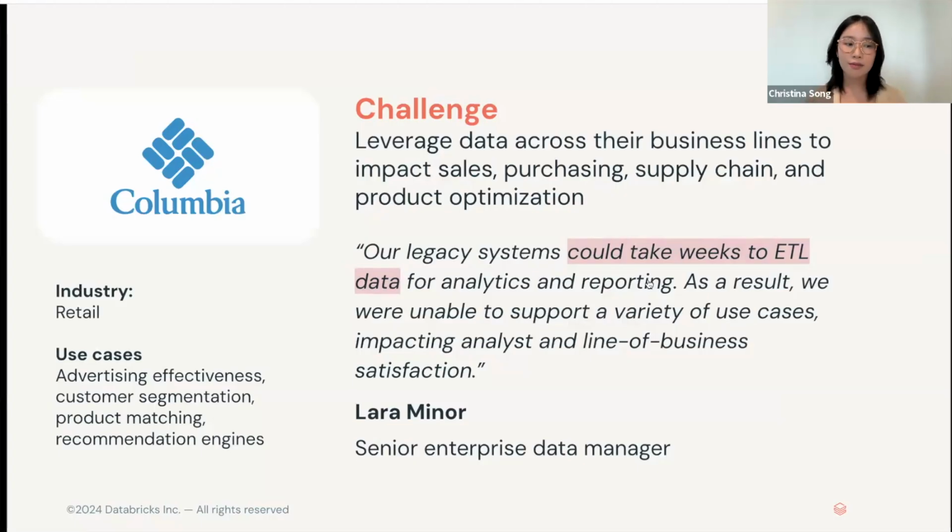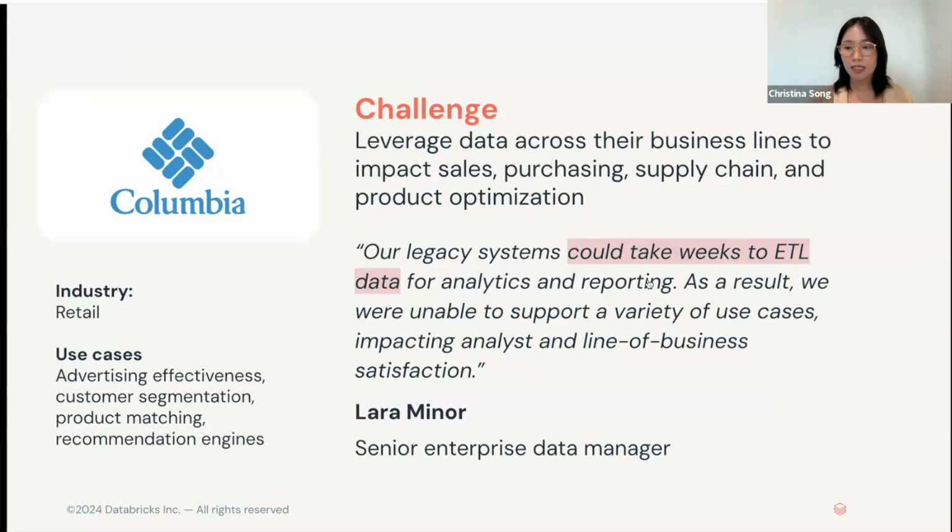If not, you might have gotten a rain jacket from them before. Columbia Sportswear, like most companies, wanted to use their data across their lines of business like sales, purchasing, supply chain, and product optimization. You name it.